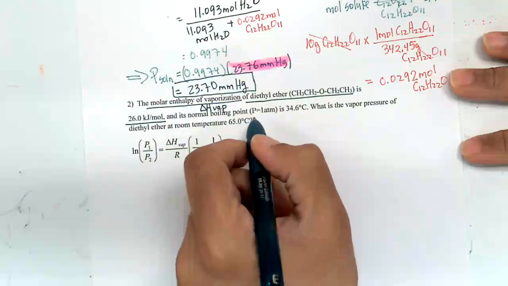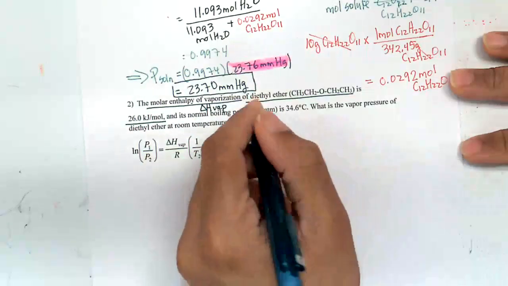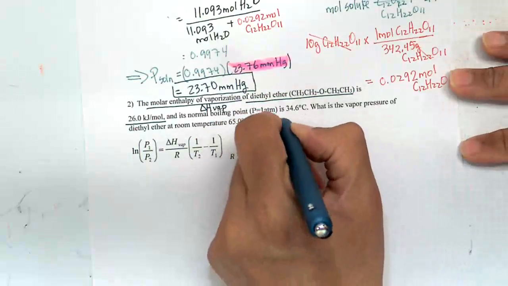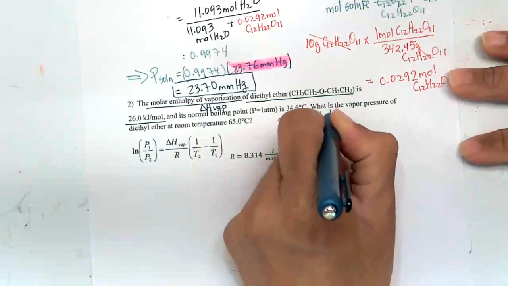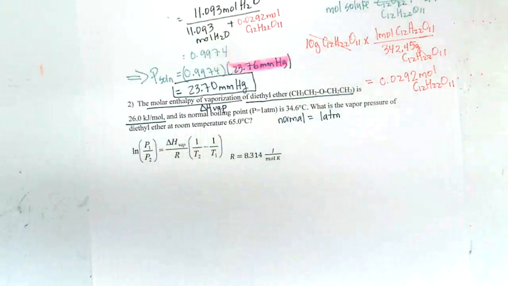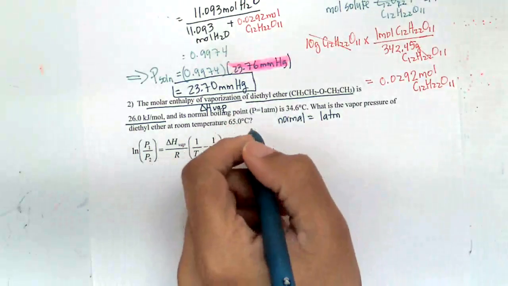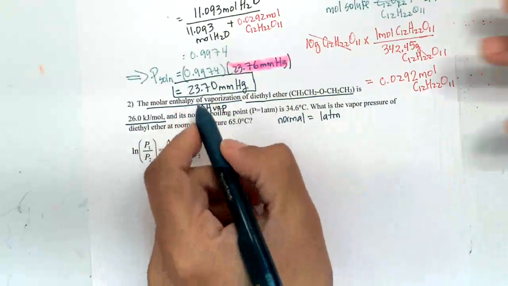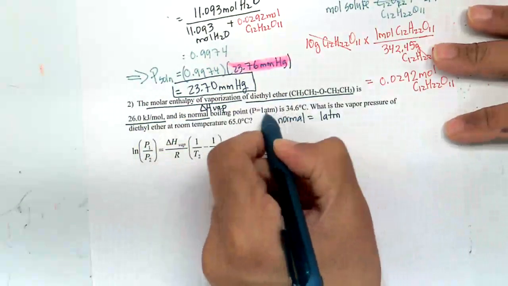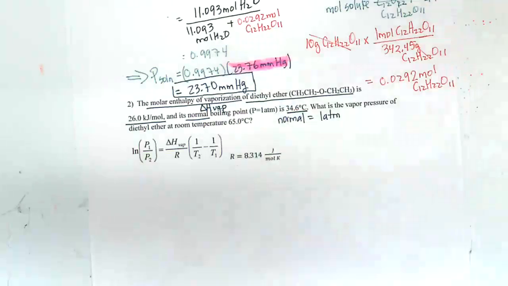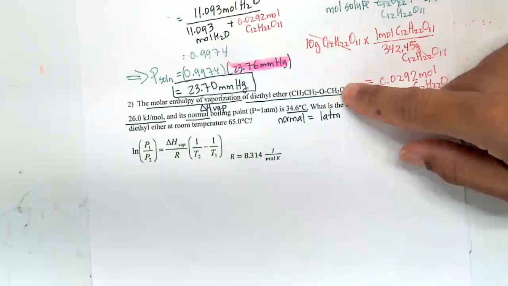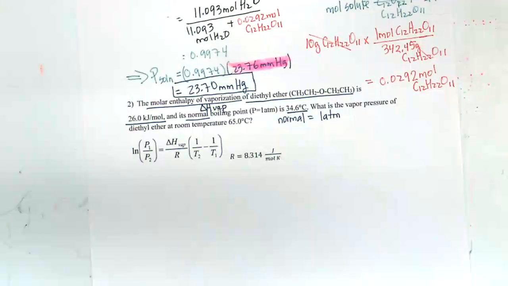Normal boiling point is 34.6 degrees. Normal means 1 atmosphere. Okay, that's something you should know. So normal boiling point means 1 atmosphere, and the temperature of that boiling point for this ether is 34.6 degrees C. So this is the temperature at which it boils.